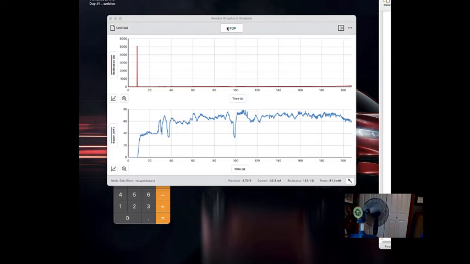Well, I think my variable load stopped reading the sensor in the middle of my run here. All right, so let's go over what we have here. I'll show you.